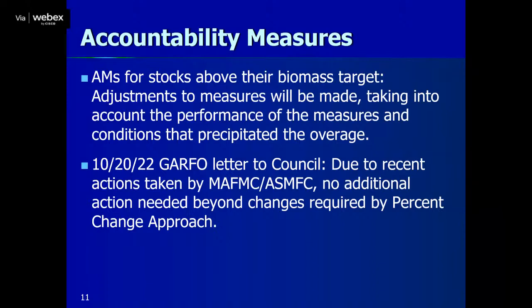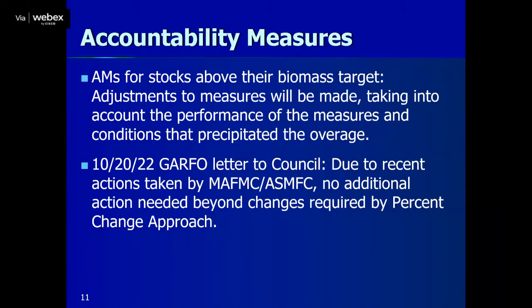You're allowing an RHL overage, but if that results in an ACL overage, it still triggers an accountability measure. But for stocks that are above their biomass target, it doesn't say that you need to pay that back. It just says you need to adjust measures. And in this specific case, we have the advice from GARFO saying that given changes that were made recently, that AM has been satisfied.